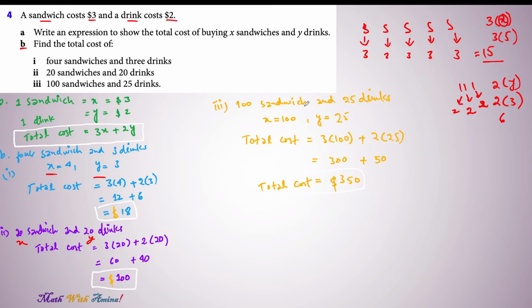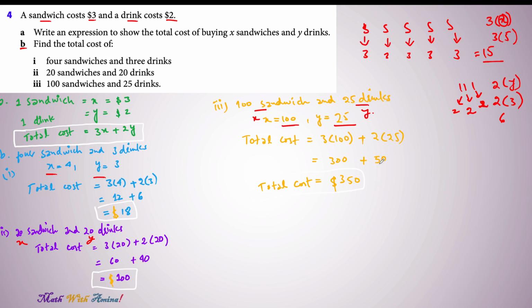So 100 sandwiches and 25 drinks. Again, we identify our X and Y. Sandwiches are X and drinks are Y. We have represented them here. And in here the value of X is 100, value of Y is 25. We plug in these values in the equation. 3 multiplied by 100 is equal to 300. 2 multiplied by 25 is equal to 50.